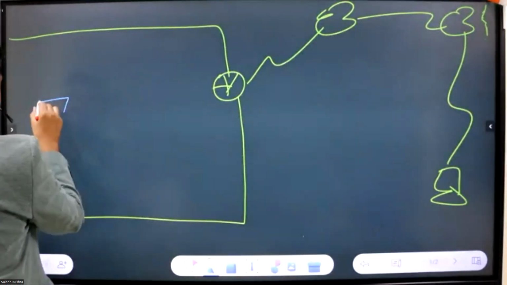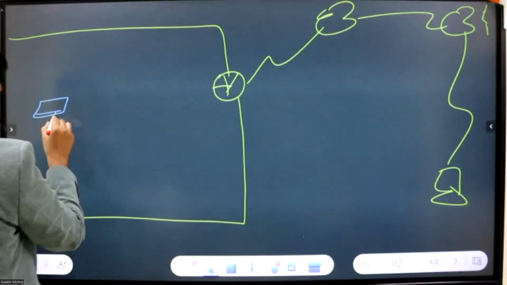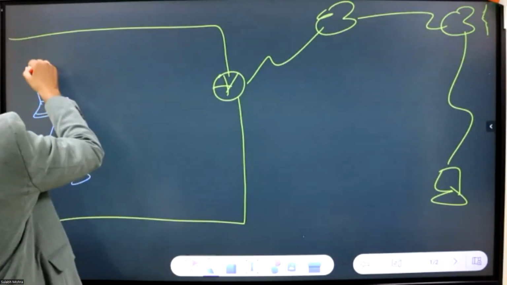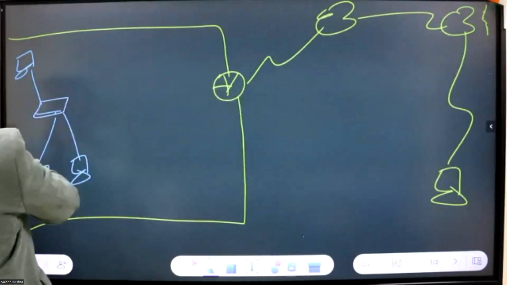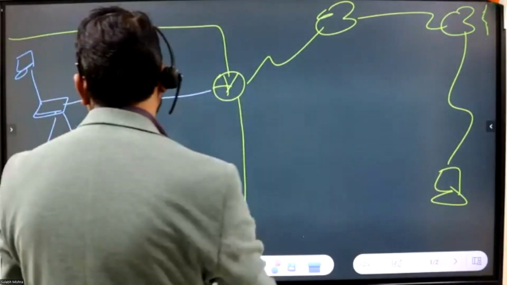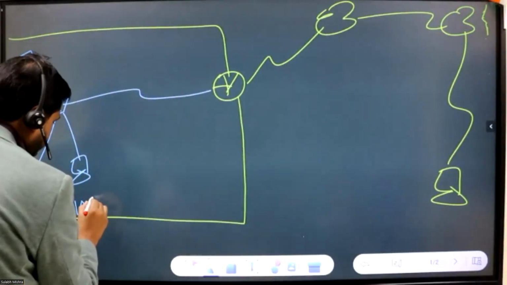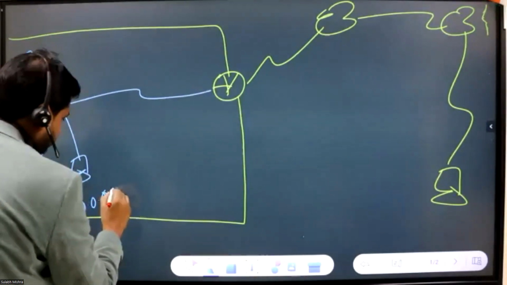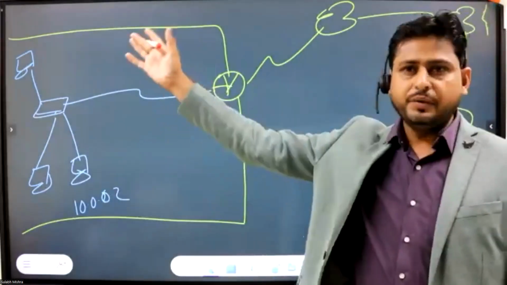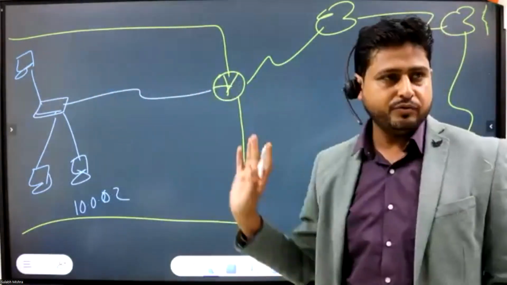For example, you have this network. Right now you can see here, using the routers and switches, we have designed the network, right?